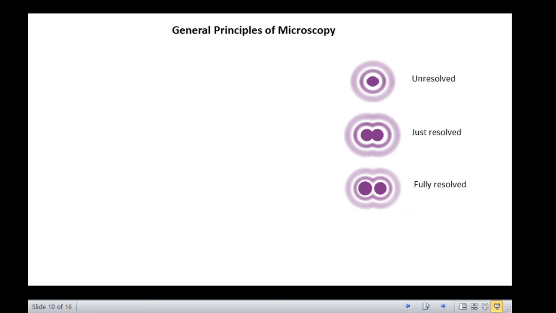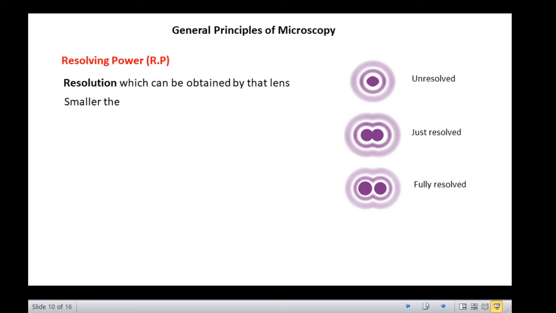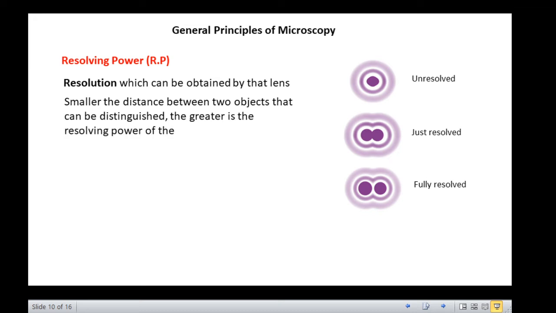Moving on now to the resolving power of a lens. It is the resolution which can be obtained by that particular lens. The smaller the distance between two objects that can be distinguished, the greater is the resolving power of the lens.